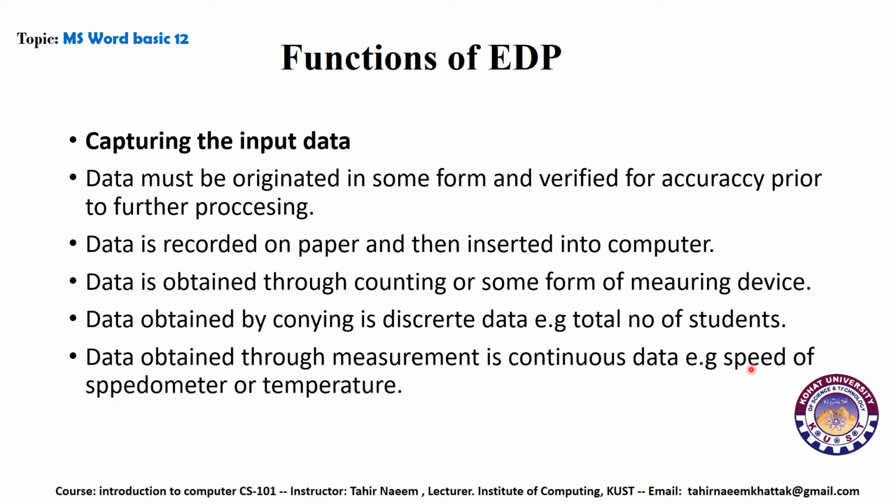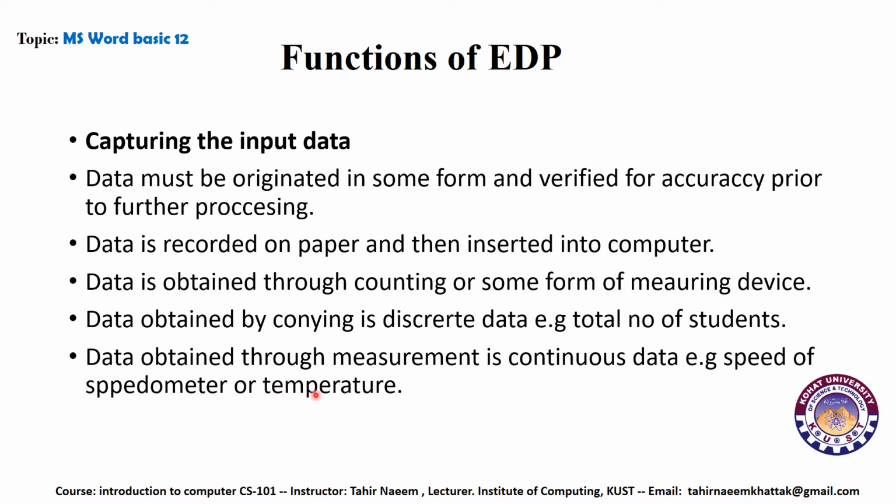If you are going on a motorcycle, car, bus or any other vehicle, you are going constantly and the speed is shown through the speedometer, and it can change constantly. If you increase the speed, the speedometer will increase, while if you decrease the speed, the speedometer will show the decreased speed.